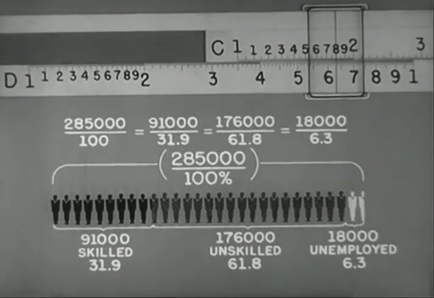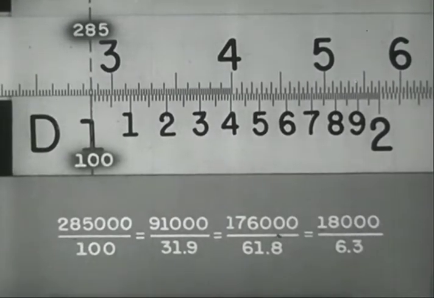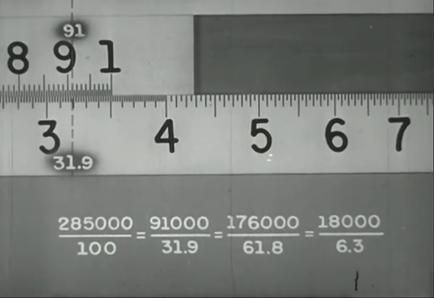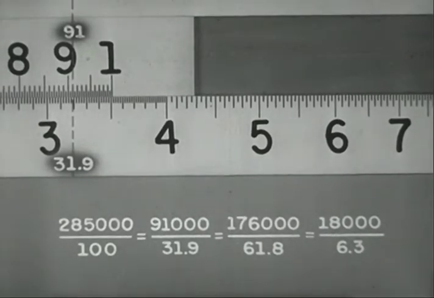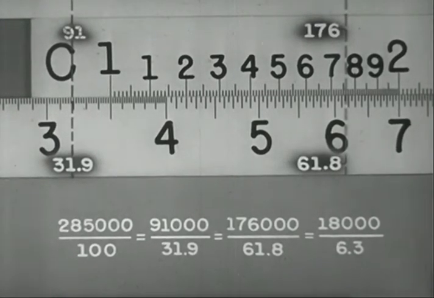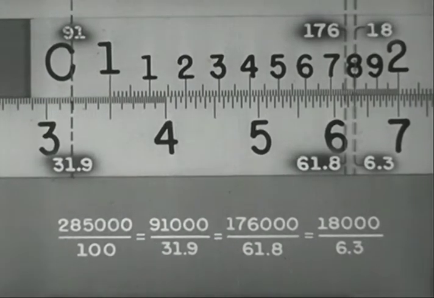Notice that with any setting of the rule, all coinciding readings are in the same ratio. With this setting, 285 is to 100, as 91 is to 31.9, and with a change of index which leaves the ratio unchanged, as 176 is to 61.8, as 18 is to 6.3.